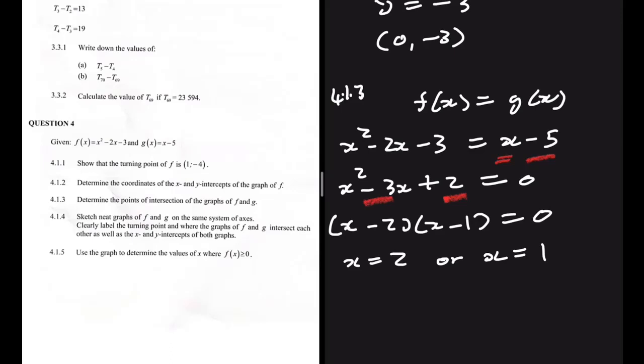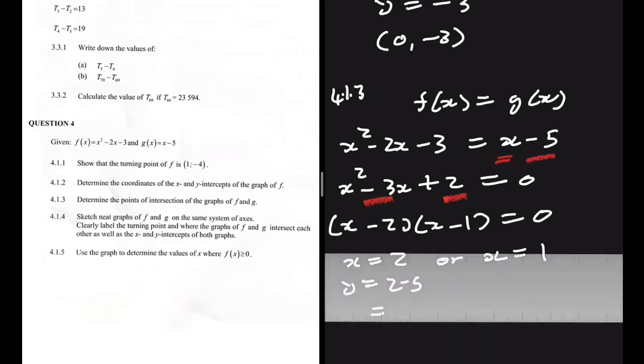So we're supposed to find the points of intersection, not the x values at which they intersect. So we have to find the corresponding y value. Let's go ahead and do that. When x is equal to 2, what is y equal to? If we use g of x, that will just be 2 minus 5, right?